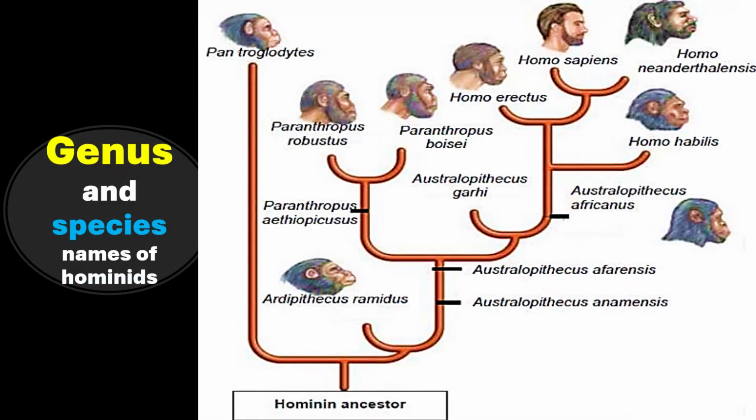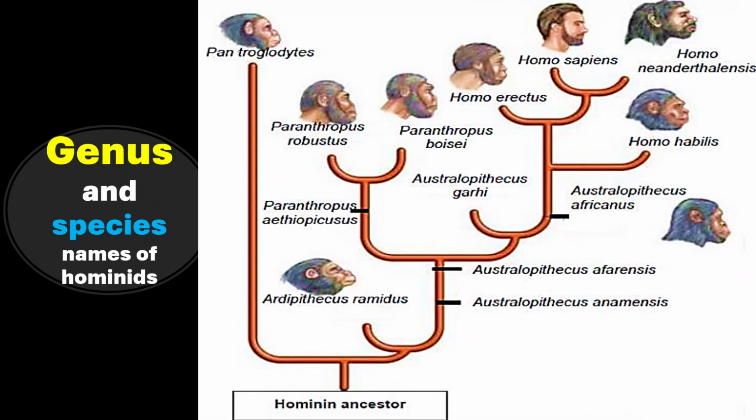Now check here, we have genus and species names of hominids. In this particular phylogenetic tree, we have the members of the family Hominidae represented here. If you observe carefully, you will notice that they all carry two names.